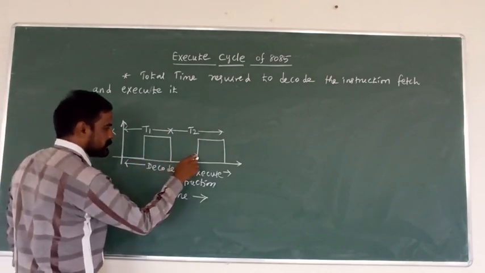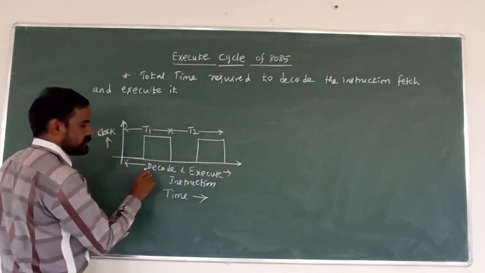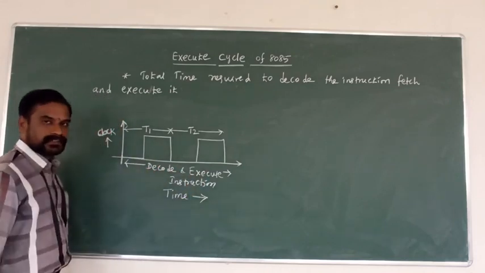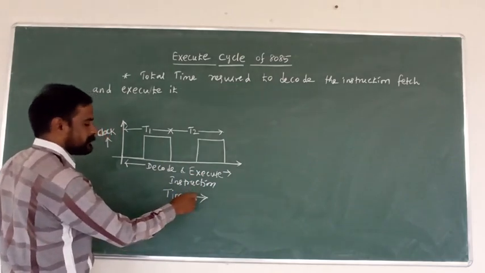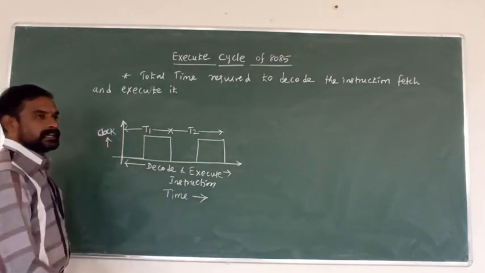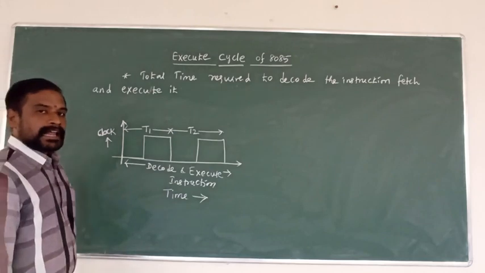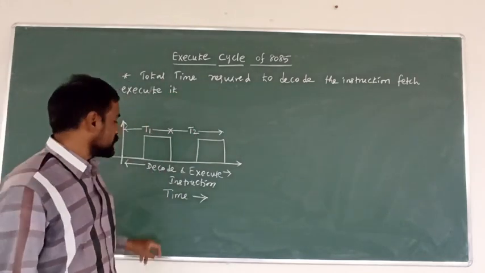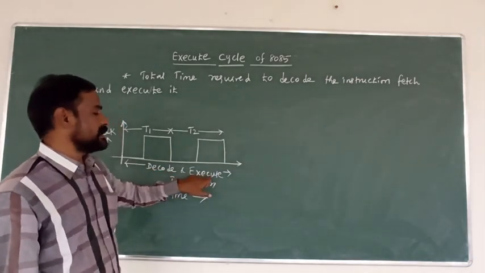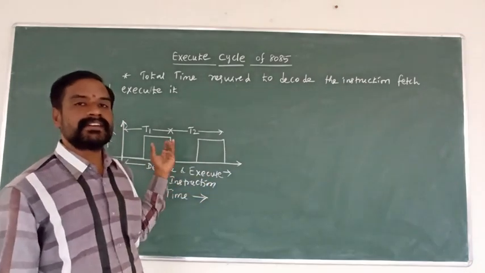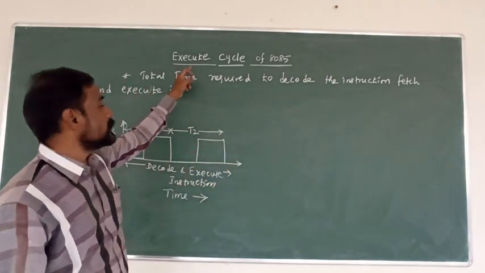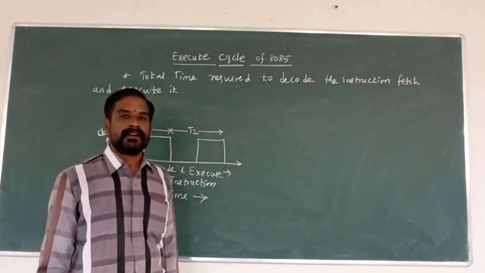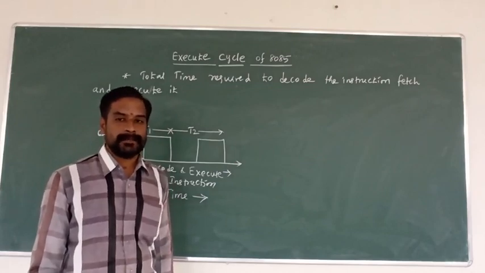In two T states, the instruction is decoded and then executed. X-axis is time period and y-axis is clock period. Total time required to decode and then execute the given instruction. This is called execute cycle of the 8085 microprocessor.